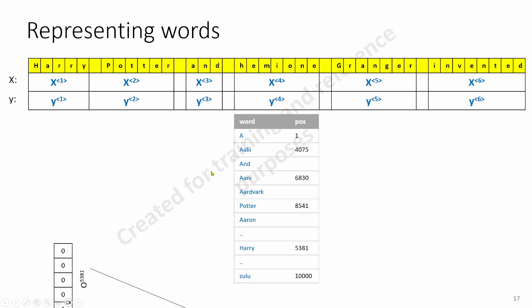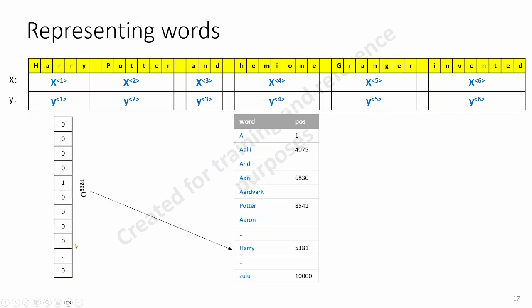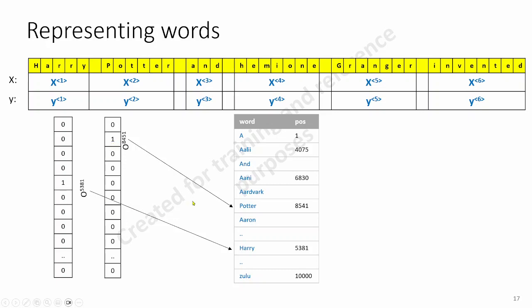That means the word can be represented with a vector with just one place having a one. Let's say Harry. The word Harry will have one in this place, and similarly, the word Potter can have one in some other place. So this is called one hot encoding.